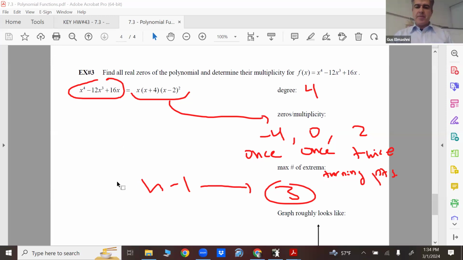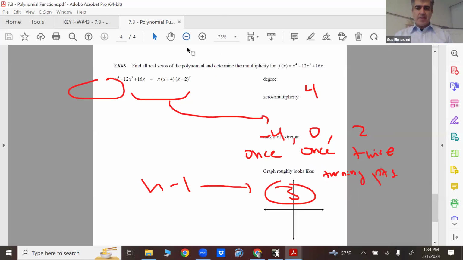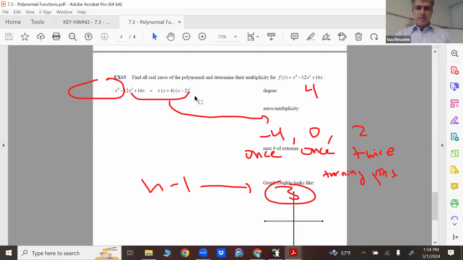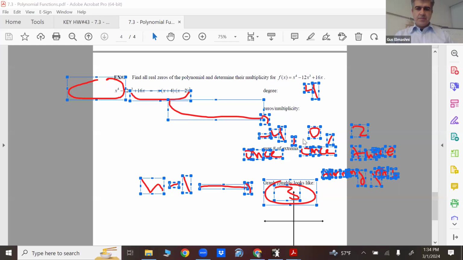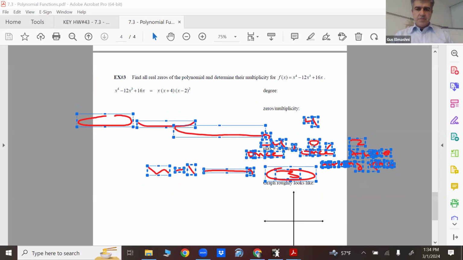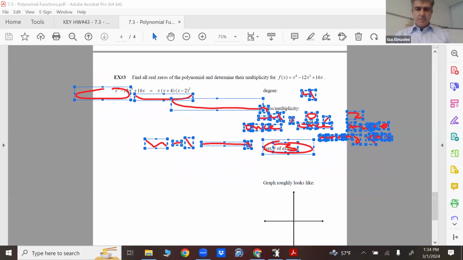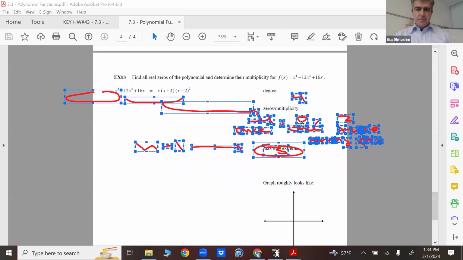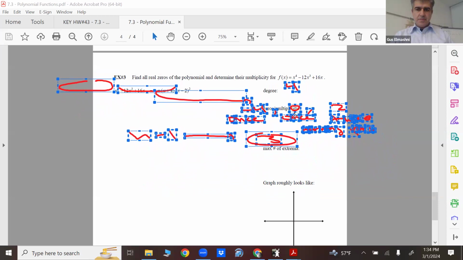All right, let's keep moving. Actually, I probably should zoom out, I think. Hold on. What is subtracting 1 from?